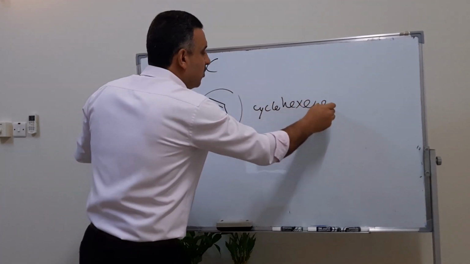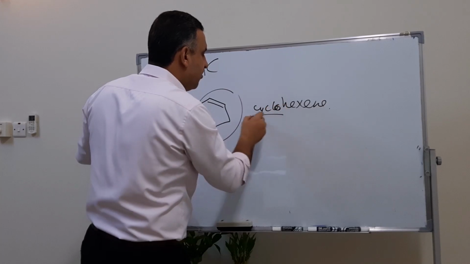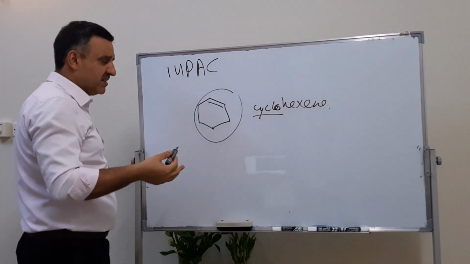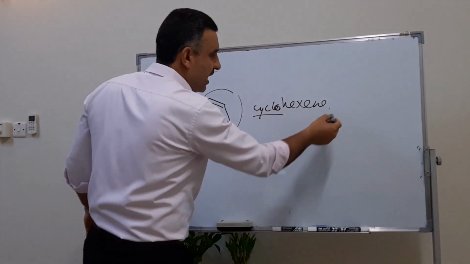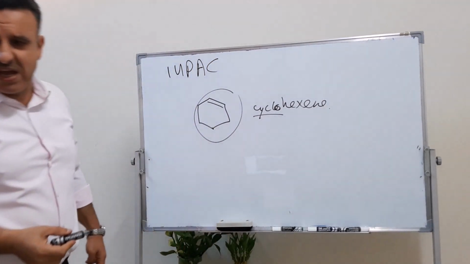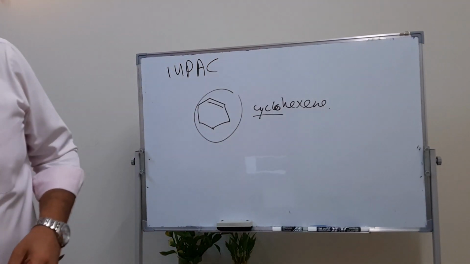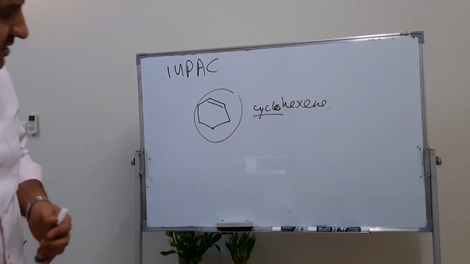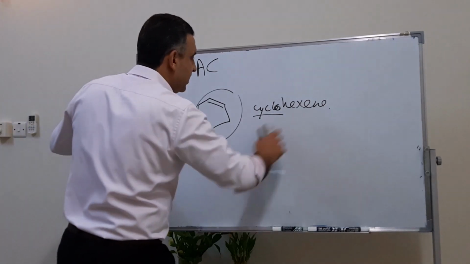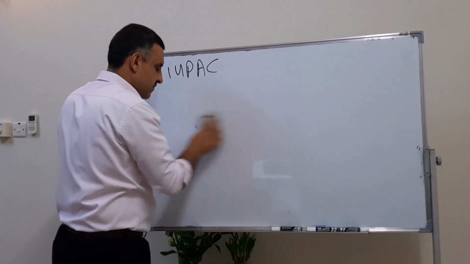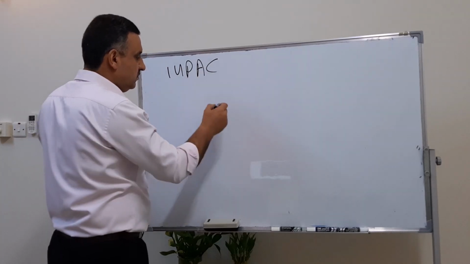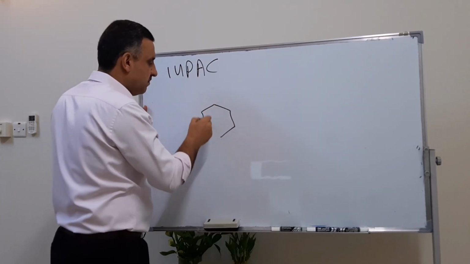We add only cyclo before the name of the cyclic system, and then we add the corresponding alkene. So we have cycloalkene. Again, here the rule must always be the case. Let me just give you directly a few examples.